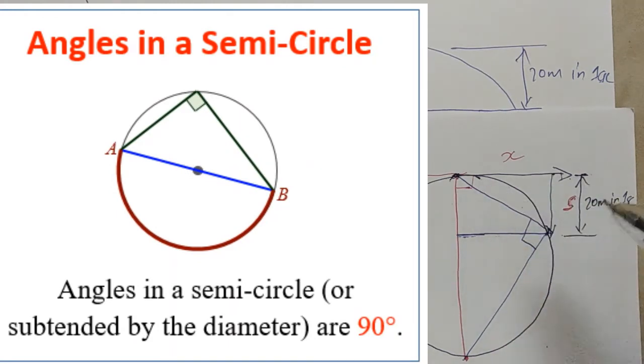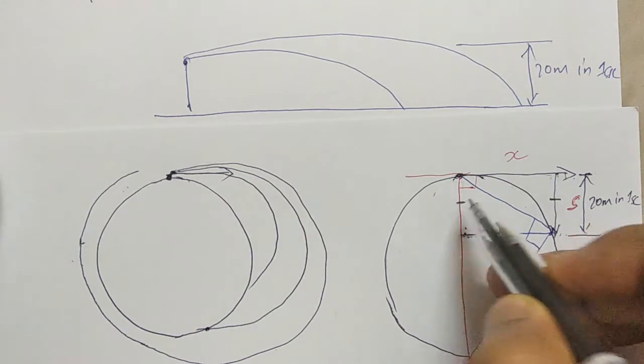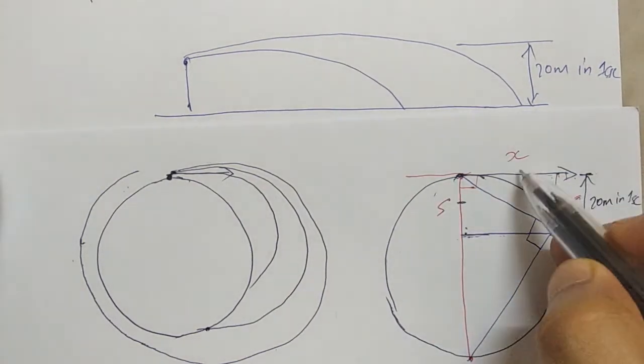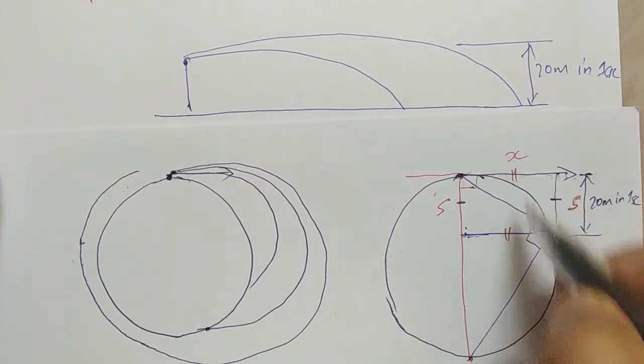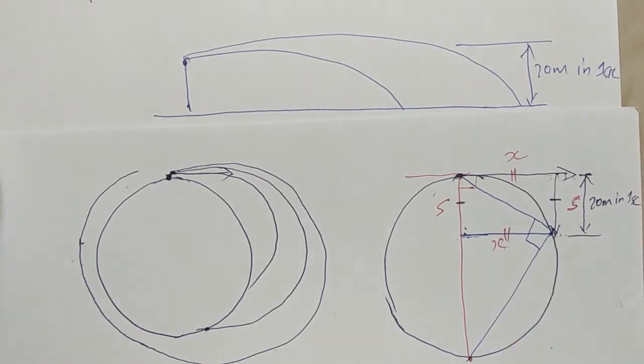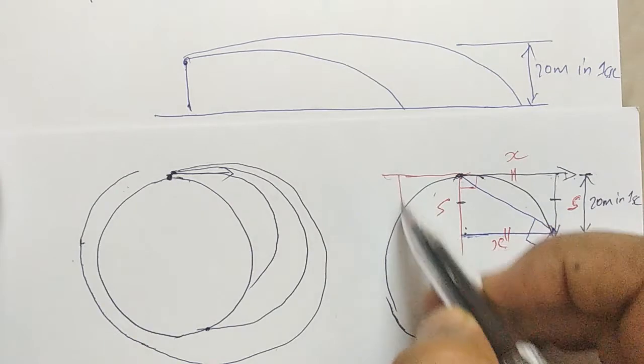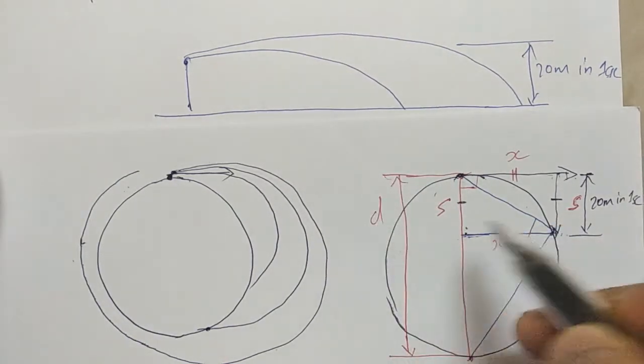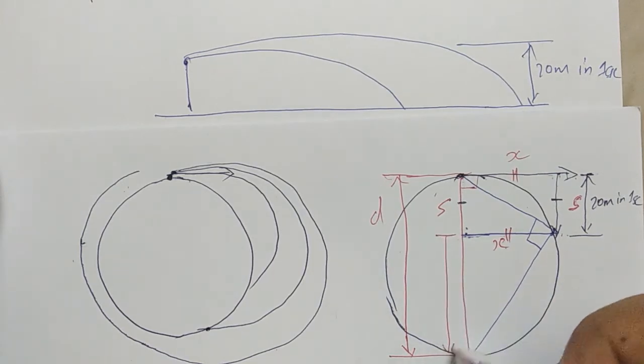This is also one of the properties of the circle. This is equal to this, that is its length is also S, and this is equal to this, so its length is equal to x. And let the diameter of the earth be d. That means this becomes d minus S.